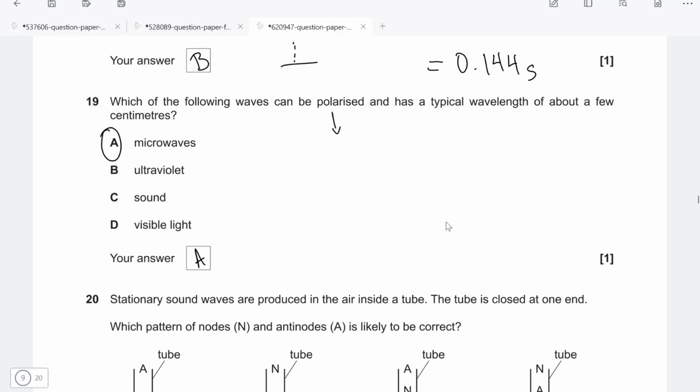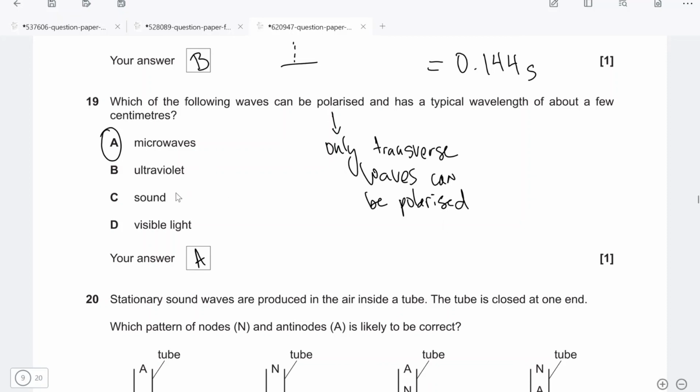Just as a reminder, only transverse waves can be polarized. And the typical wavelength for a microwave is a few centimeters.